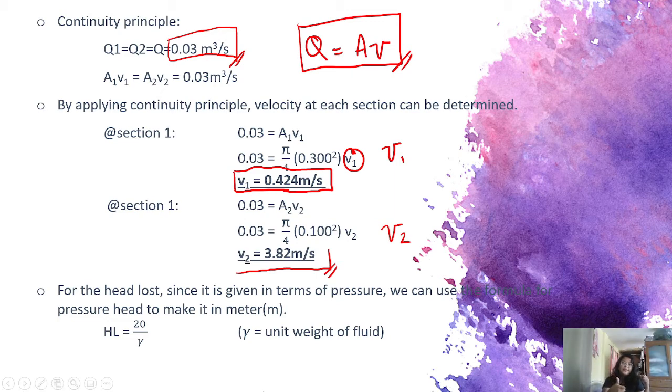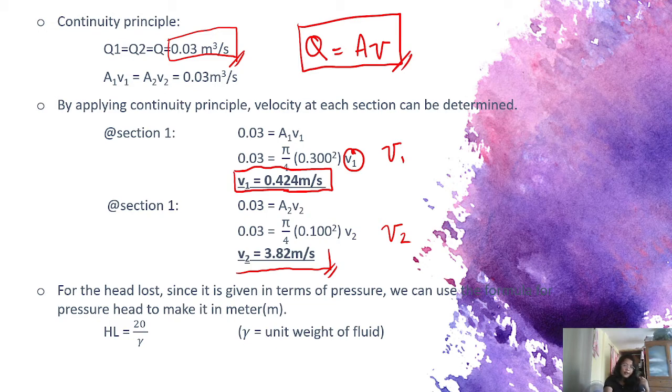Okay. Malinaw pa. Now, for the head loss, since it is given in terms of pressure, we can use the formula for pressure head to make it in meter, where HL is equal to 20 over gamma. Gamma is the unit weight of the liquid.